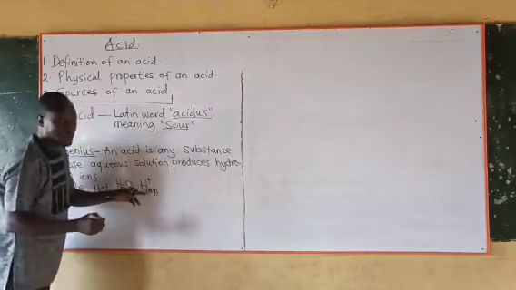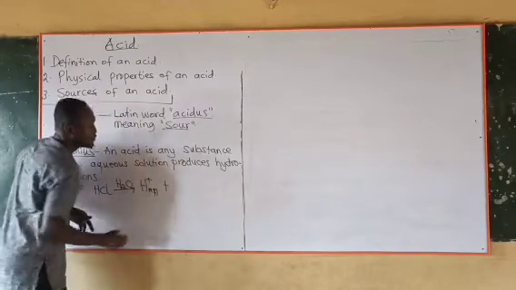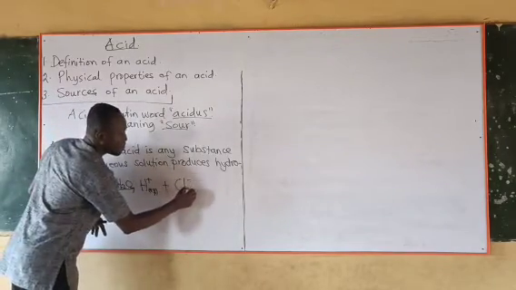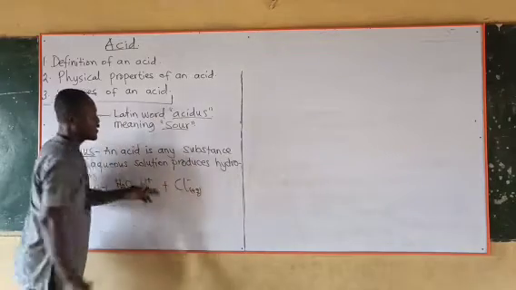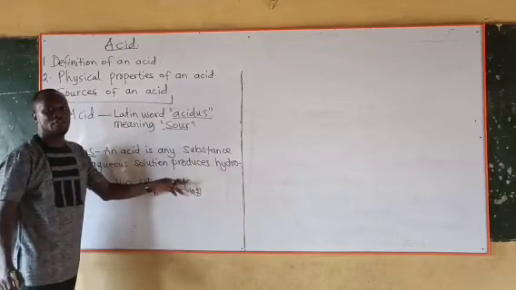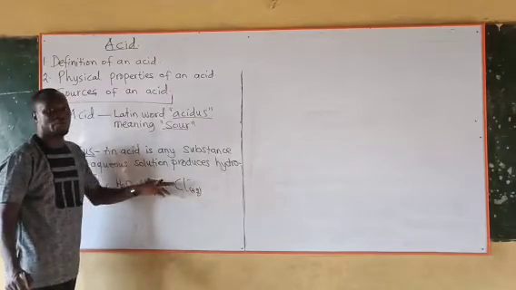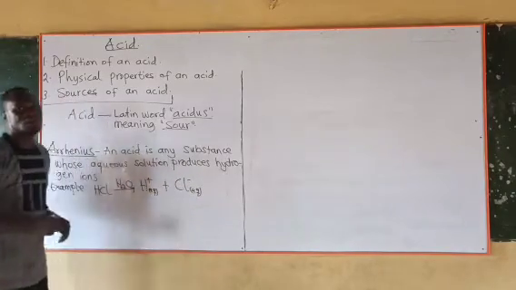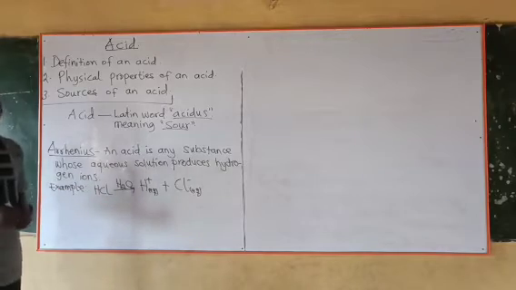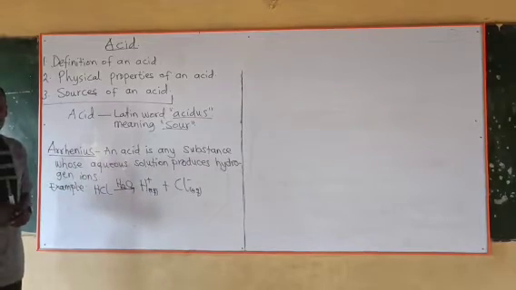That is aqueous, meaning it is in a solution form. And then chlorine ion. Chlorine accepts the hydrogen ion which is produced. So this is Arrhenius' definition of an acid.